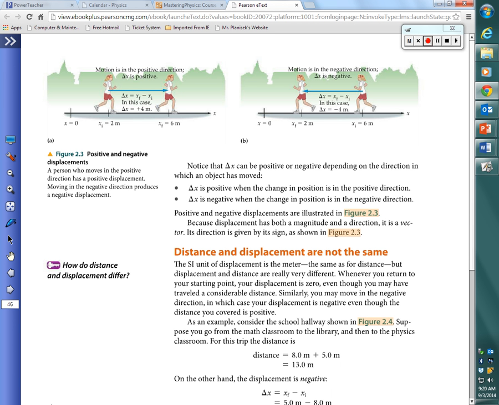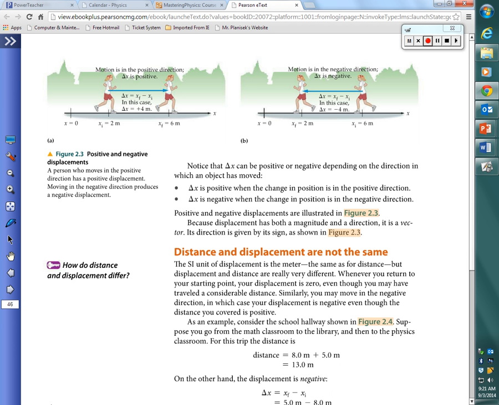Her final position would be positive 6 meters, because she ended up 6 meters to the right of the origin. Good? Going back to our formula for displacement, right? X final minus x initial, positive 6 minus positive 2 gives you positive 4. Right? Meaning that if her displacement is positive, she went in the positive direction.